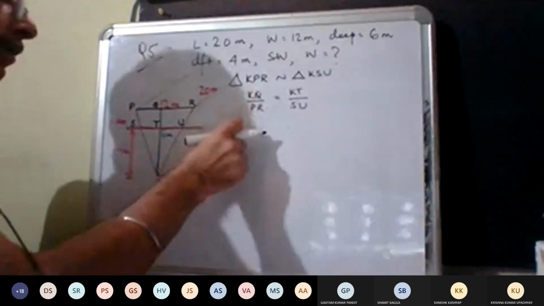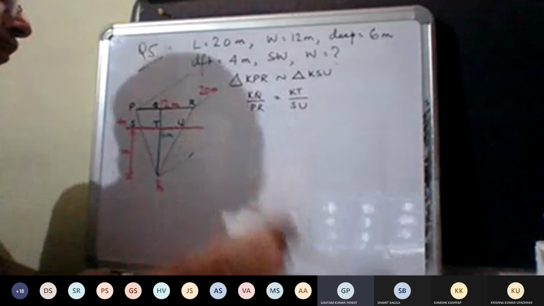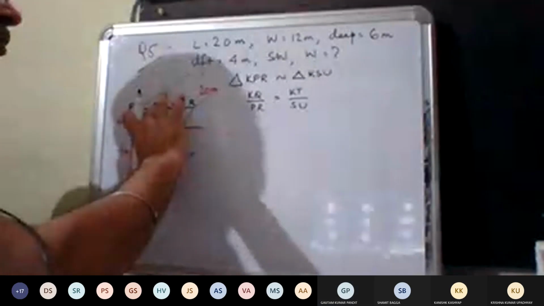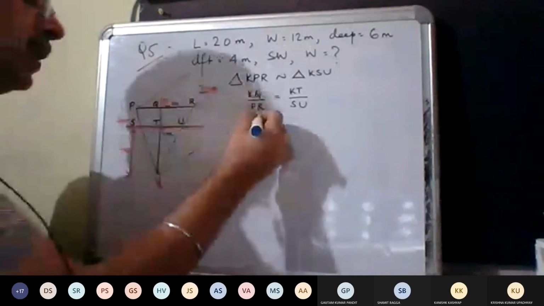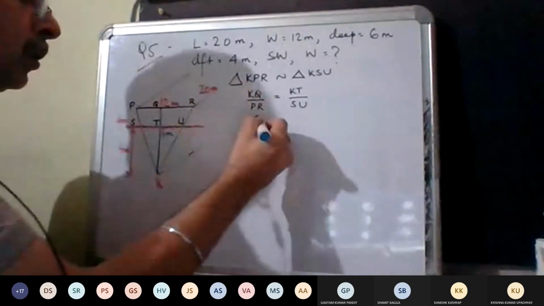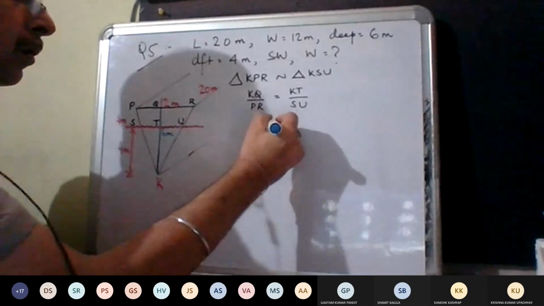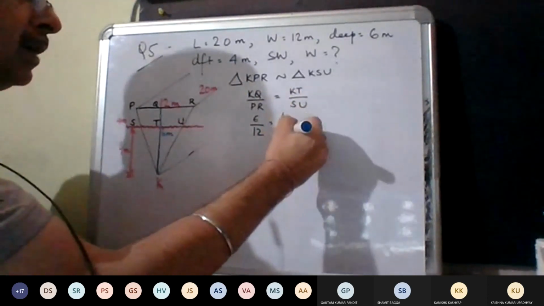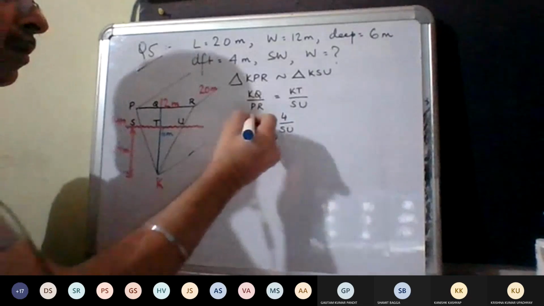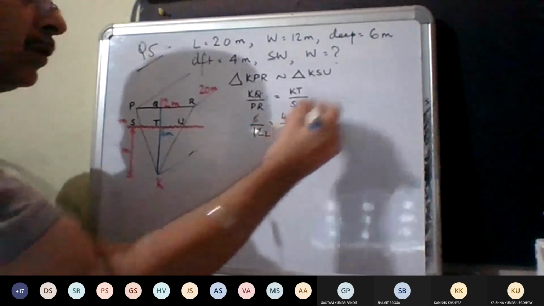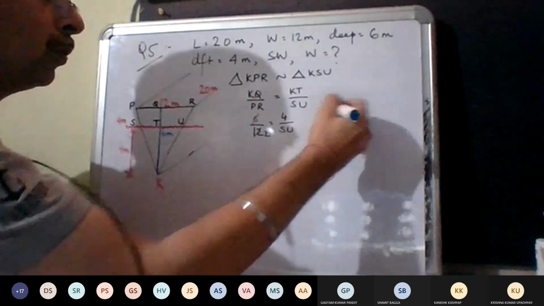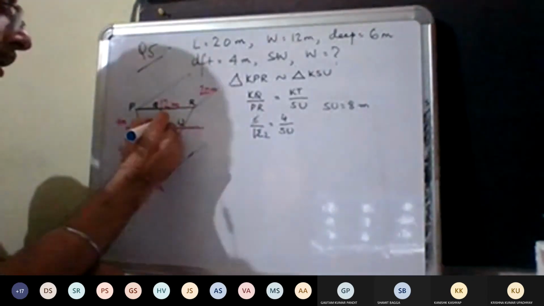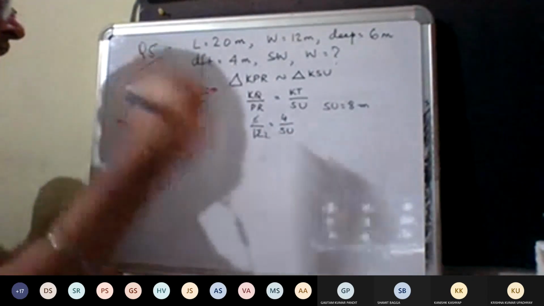Is this okay with everybody? Yes, sir. So therefore, KQ, which is 6, upon base, which is 12, is equal to KT, which is 4, divided by SU. So SU is equal to 8 meters.